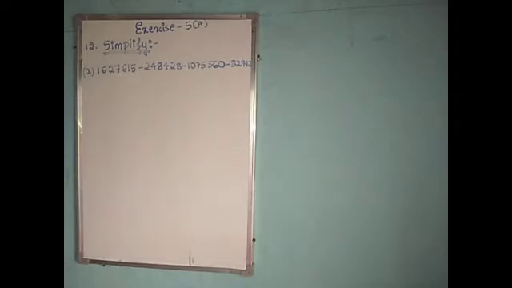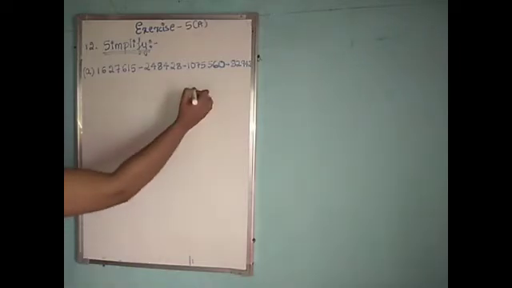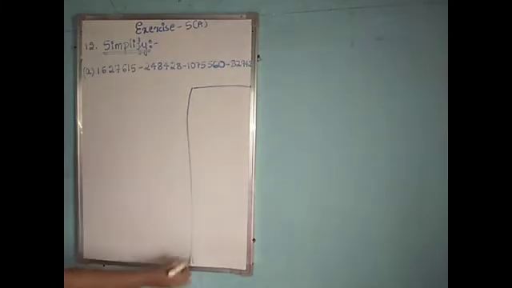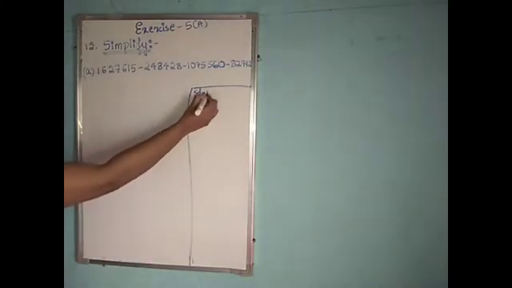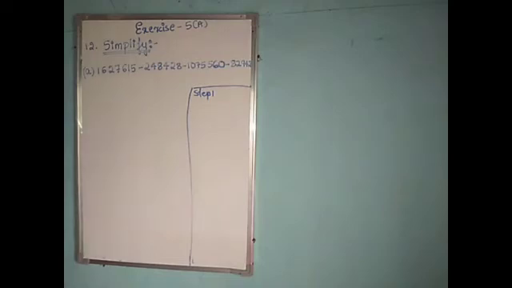In this question, we will do it stepwise. So, let's subtract 2,48,428 from 16,27,615. So, the first step is to subtract 2,48,428 from 16,27,615.